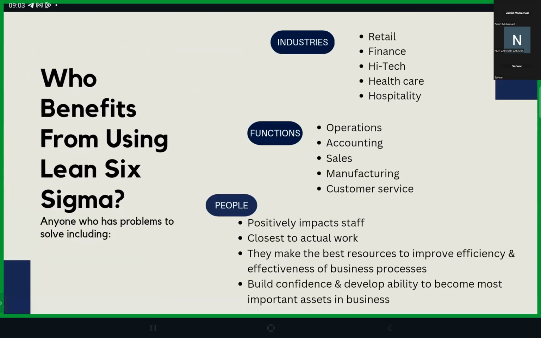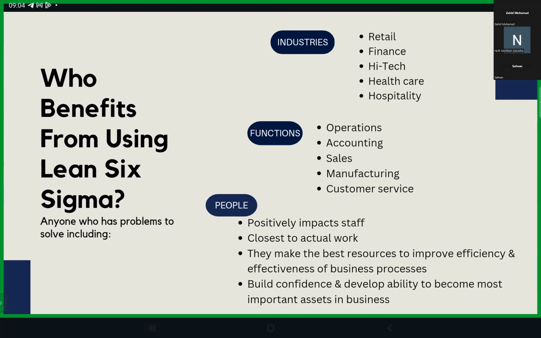And this is who will benefit from using Lean Six Sigma. Anyone who has problems to solve, including for industry: retail, finance, high-tech, healthcare, hospitality. And in terms of function: operations, accounting, sales, manufacturing, customer service.